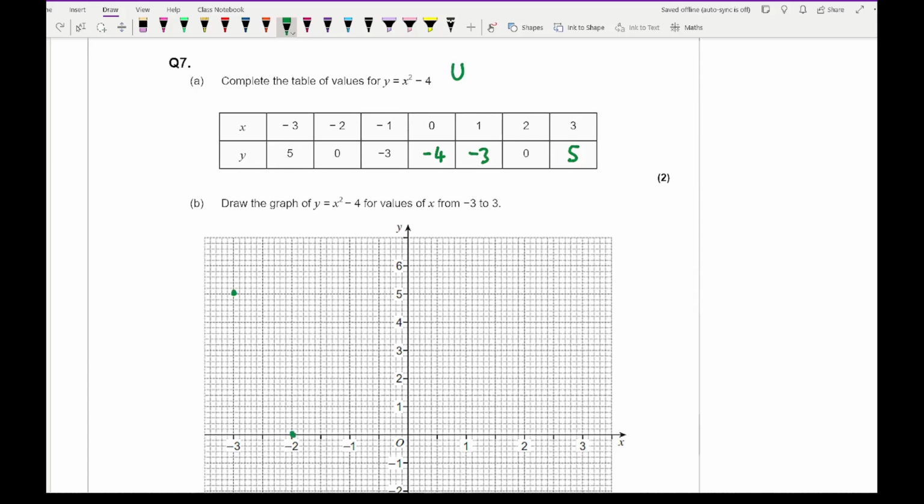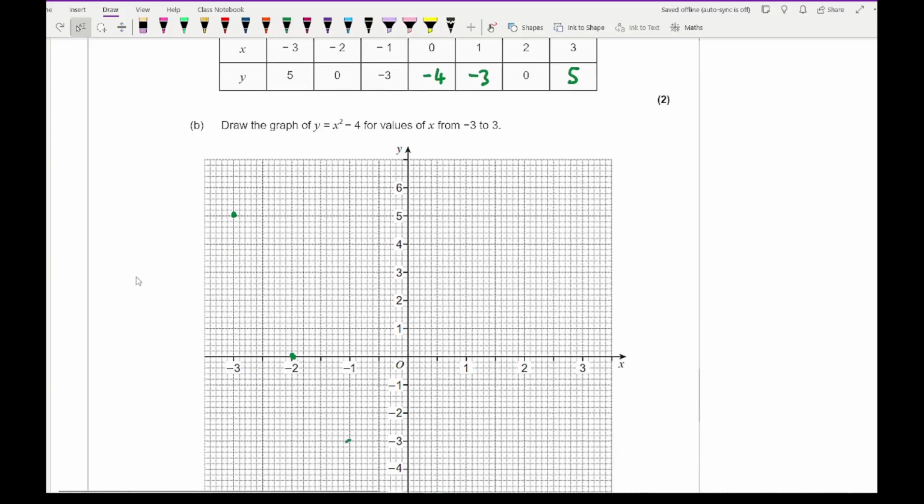We've got minus 1 at minus 3. 0 at minus 4. 1 at minus 3. 2 at 0. And 3 at 5. And then we just need to join these points up as best that we can, like so.